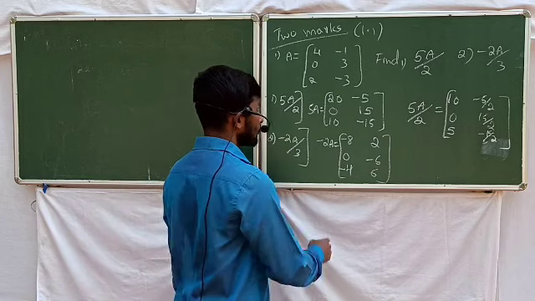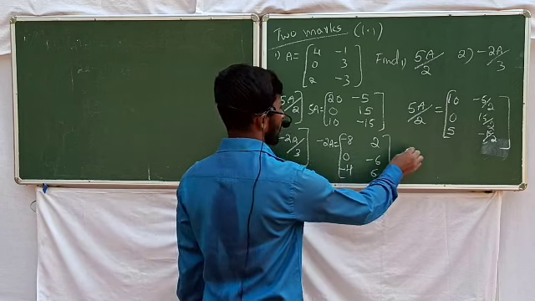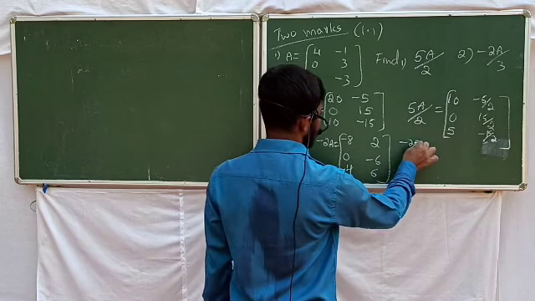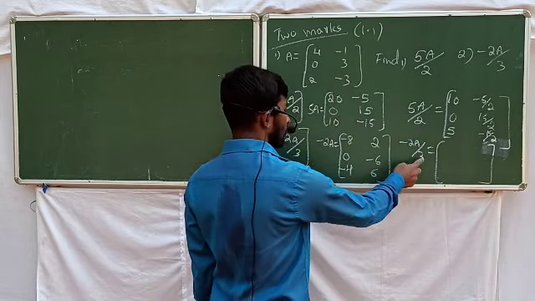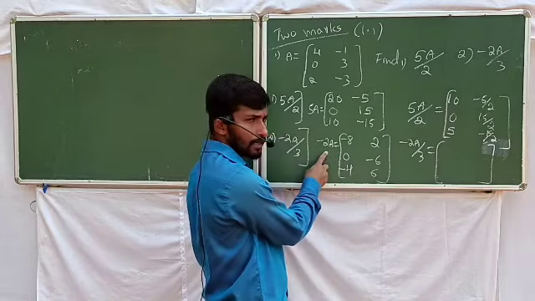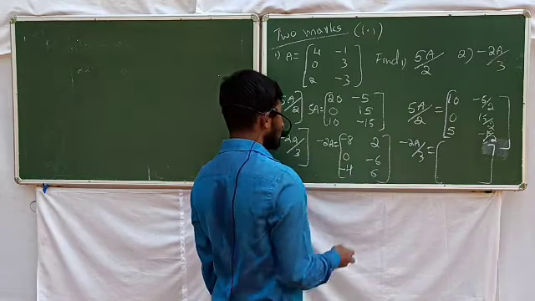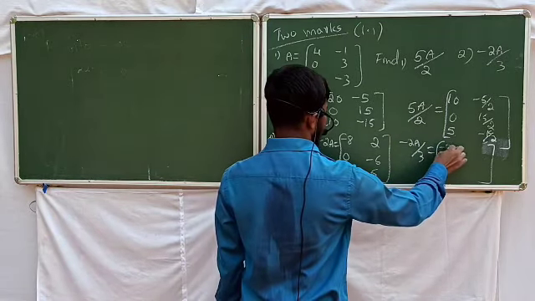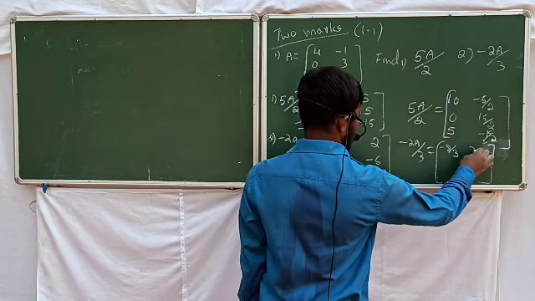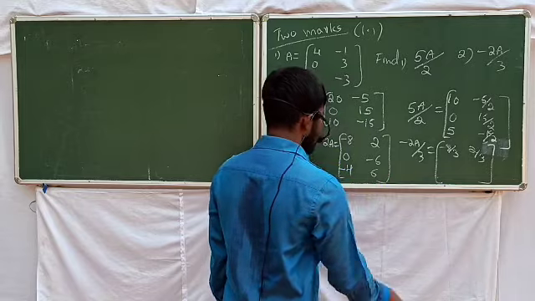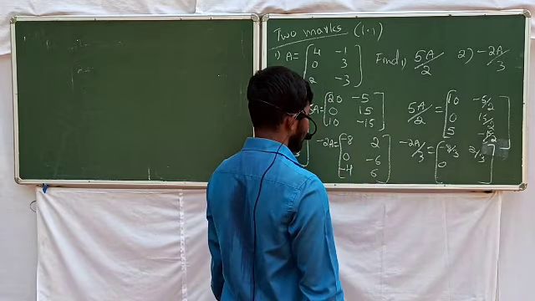Now see, minus 2A divided by 3. What's the meaning? You need to divide each element of minus 2A by the number 3. So you'll get minus 8 by 3, then here 2 by 3, here 0 by 3, 0.